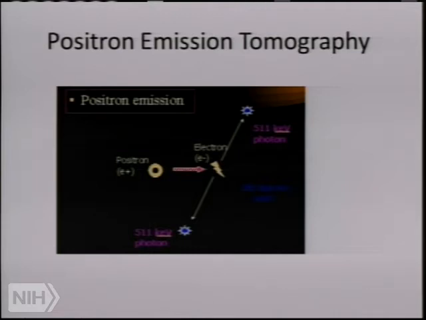So it's really, really interesting that no matter what the energy, no matter what the source of the positron, whatever isotope you have, whatever the energy that it's released at, it always produces 511 keV photons in opposite directions. Cool.